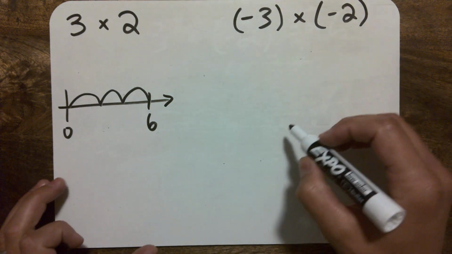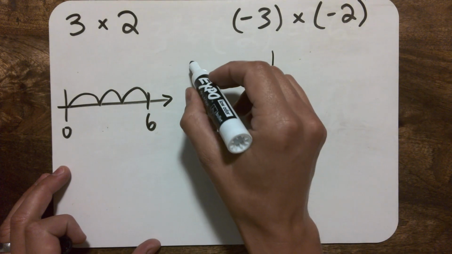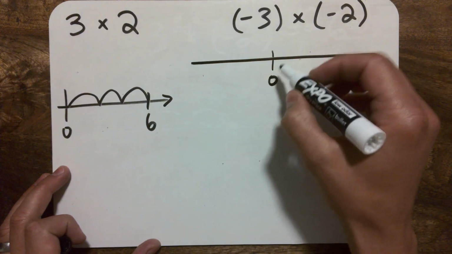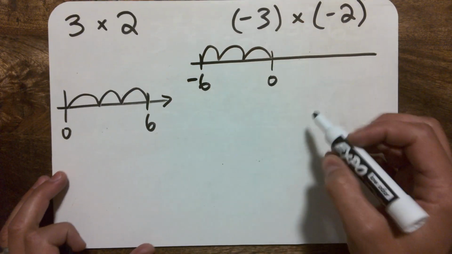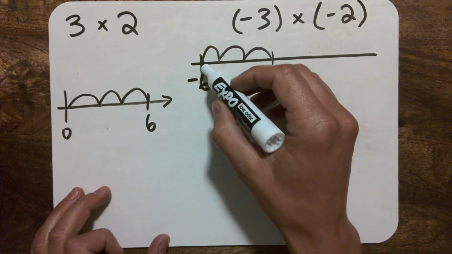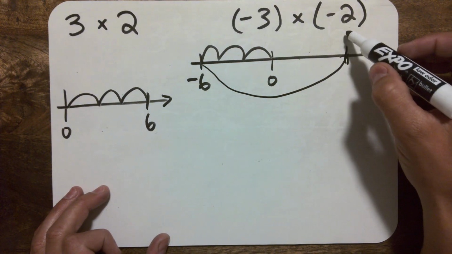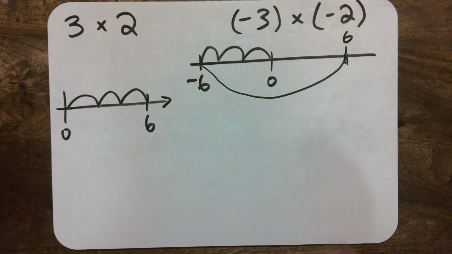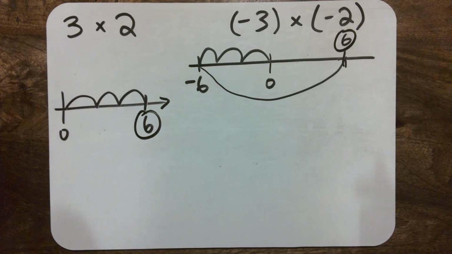I'll have to draw a little bit larger number line for this one, because again, it's three groups of -2, but we want the opposite of this, the opposite of -6, which will get us to +6. So for both we ended up at +6 since we had the same sign.